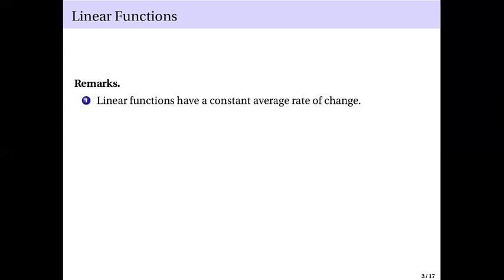If you are given a line, whatever two points you use to calculate the slope, it remains constant. So the average rate of change of f of x equals mx plus b is just this m, and it can be calculated as the change of y over the change of x. And again, the y here is just your y equals f of x.